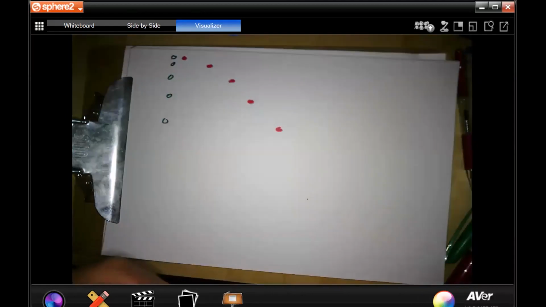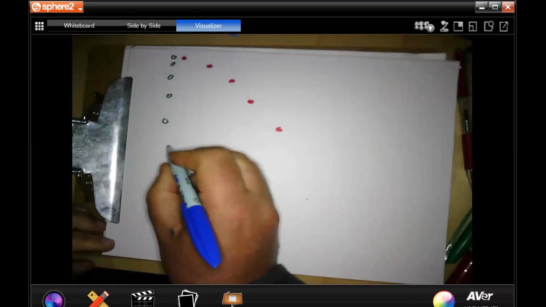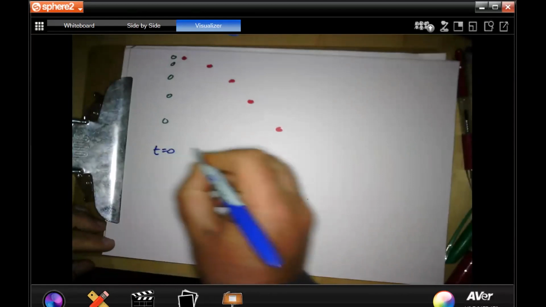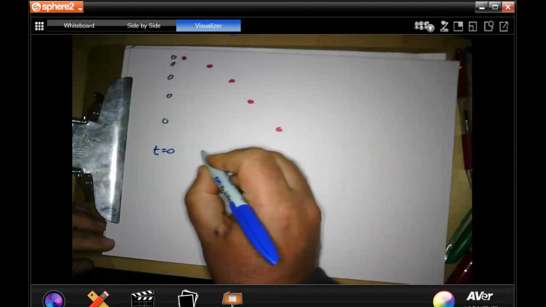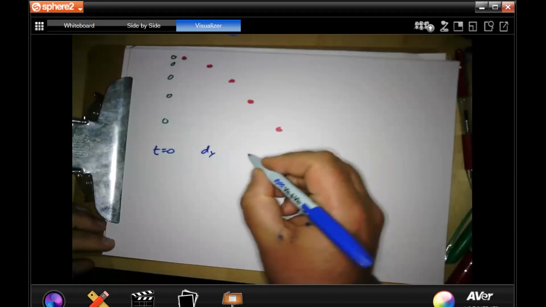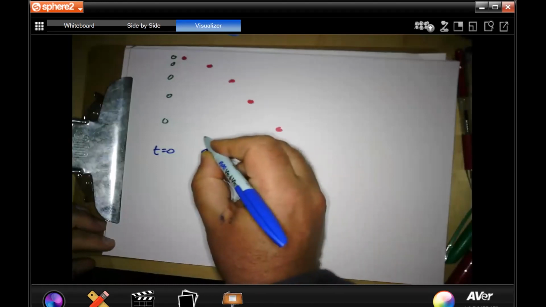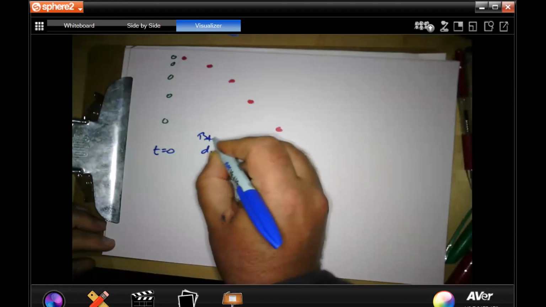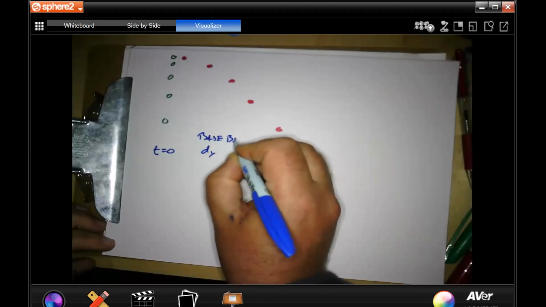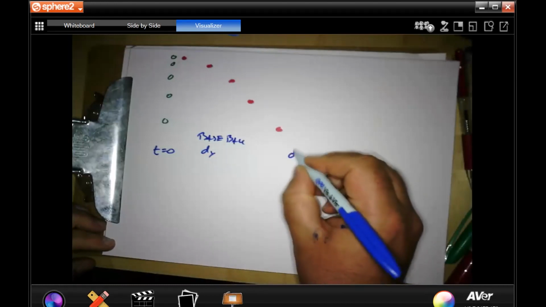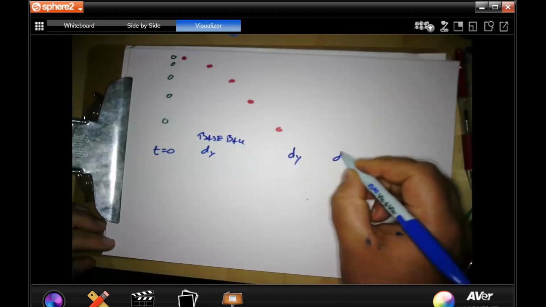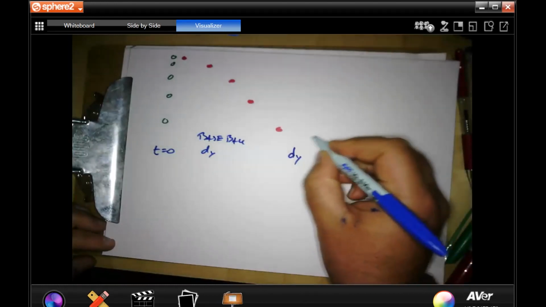And conveniently, some of the things are gonna stay the same. So if we're gonna have at time equals 0, we need to find our distance in the y for the cannonball, for the baseball, and our y and our x for the cannonball.